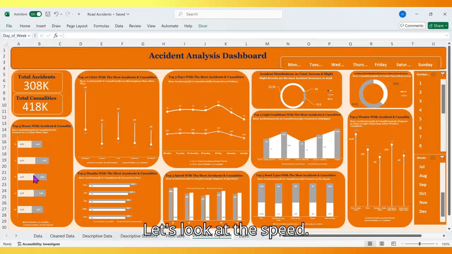Let's look at the speed. This is accident by speed. This section shows that 30-mile-per-hour zones account for the highest number of accidents and casualties at 200,000 and 255,000, which is massive.